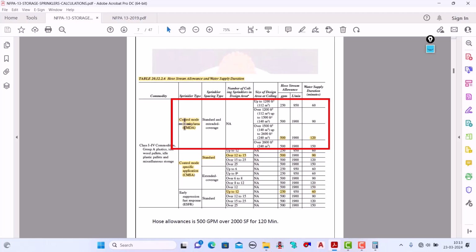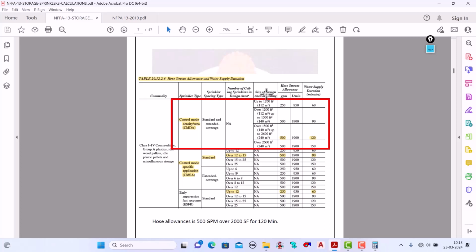So we are using a CMDA sprinkler here. If you see, the class is C1 to 4, so our commodity class is 4, so it will come in that category. And the sprinkler spacing type is standard and extended, but we are using standard, so it will also come in this point.